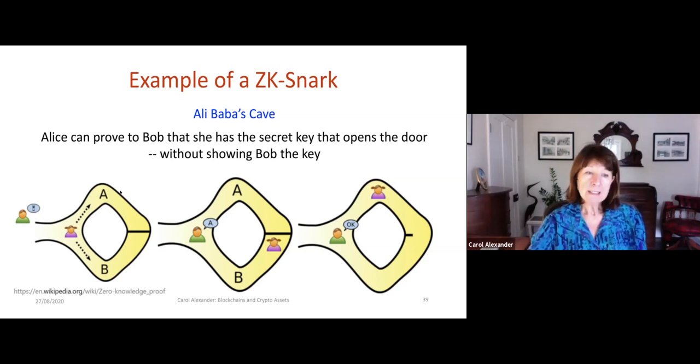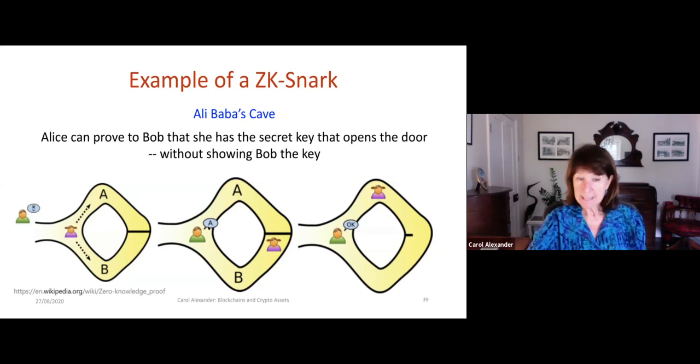Well, Alice goes into the cave without Bob, who waits outside. He doesn't see whether she goes this way or that way, but he knows that there's a door there and she could only come round if she's got the key. So she goes in and she hides, and then Bob says A or B randomly.